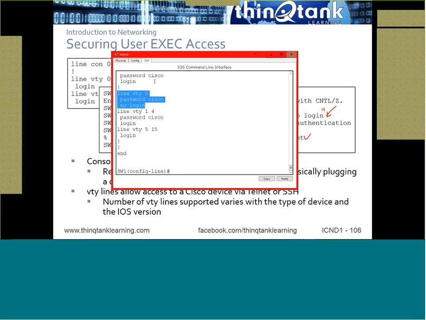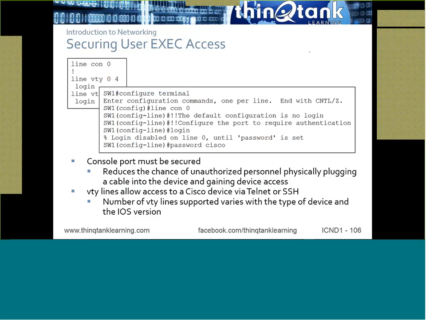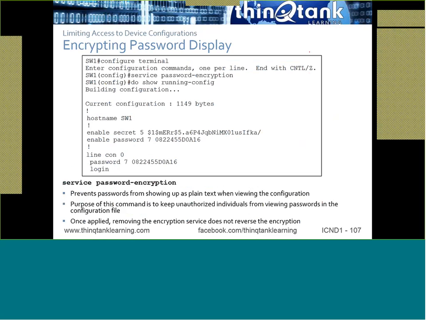You would never do that in the real world, by the way. Generally, you're going to configure your VTY lines the same. Reason being is you don't know which VTY line you're going to hit when you're accessing the device to do the configuration. All right?